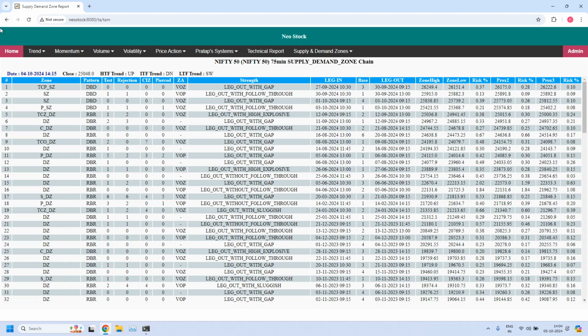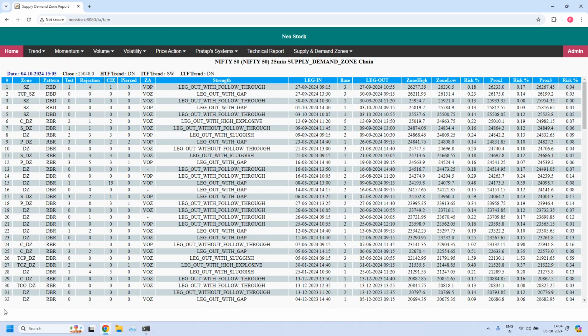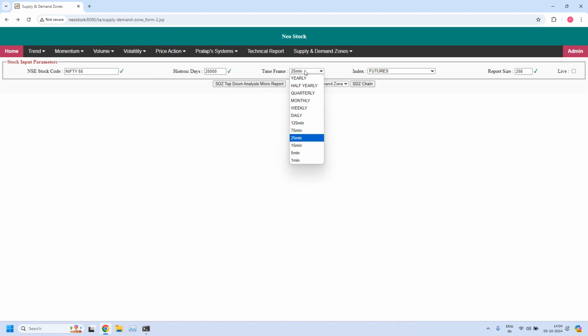Okay, next time frame is 25 minutes, generating supply demand zone chain for Nifty. Okay, the next time frame is 15 minutes, generating 15 minute supply demand zone chain for Nifty.